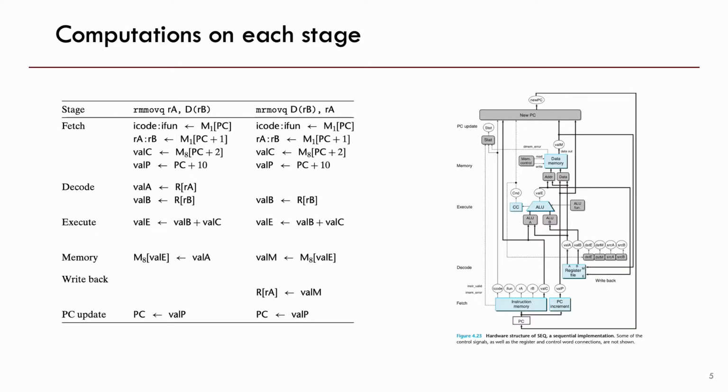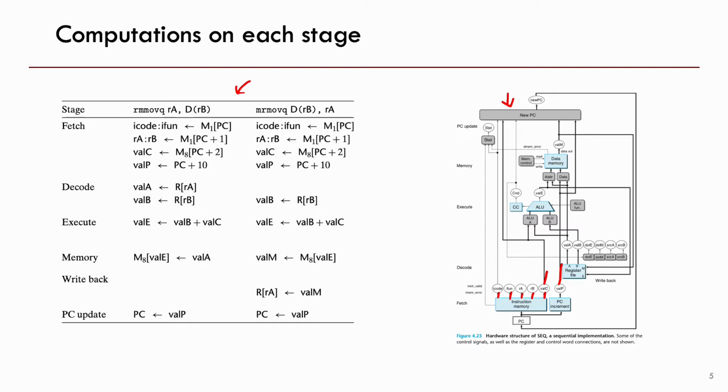Here we have a table with computations for the rmmovq instruction and the mrmovq instruction, and I believe you have practiced these computations on the data path figure on the right. Data comes from the instruction memory and then is propagated to the next stages and so forth. We will actually implement these computations for our processor.